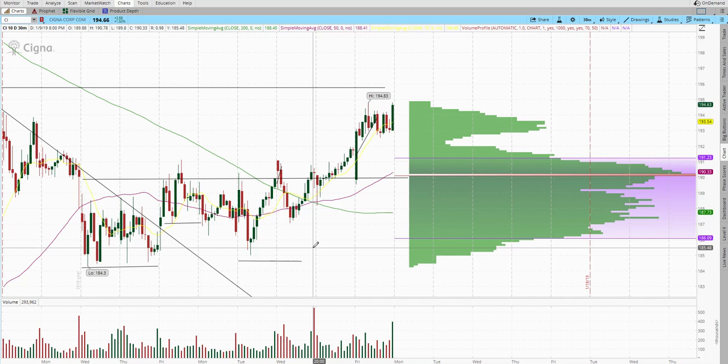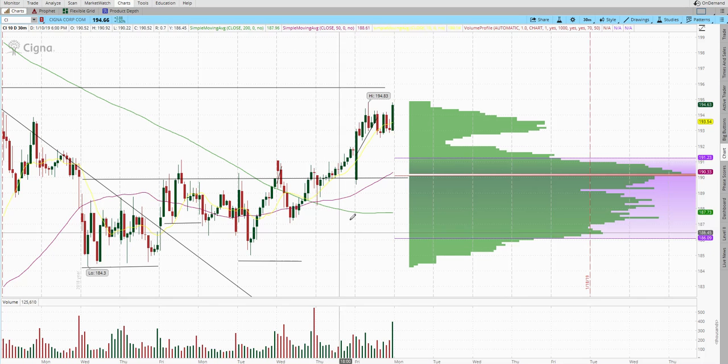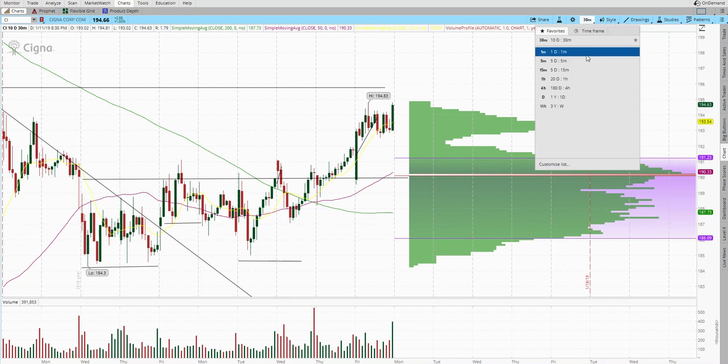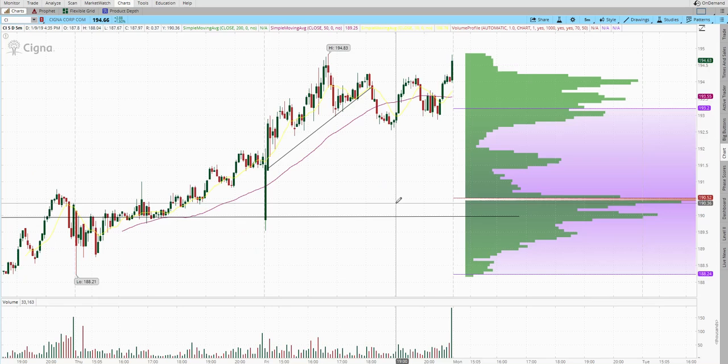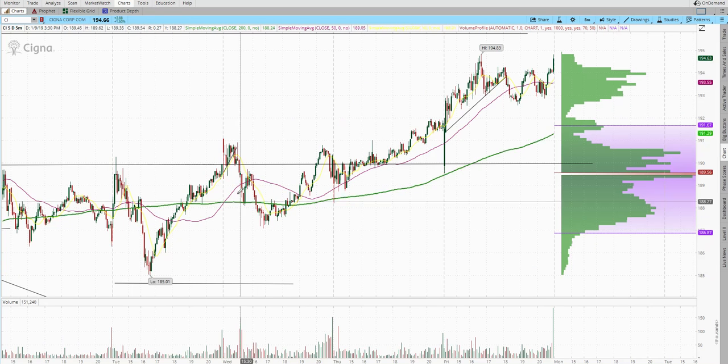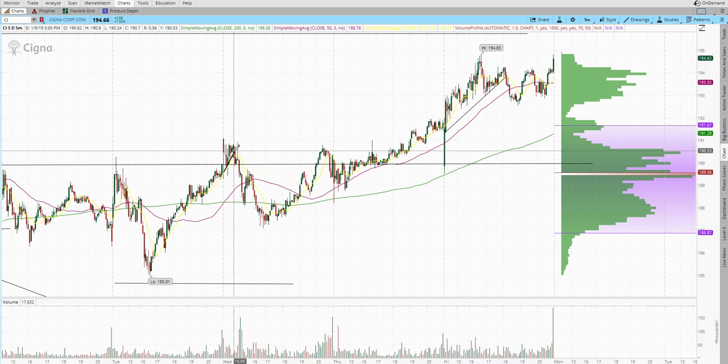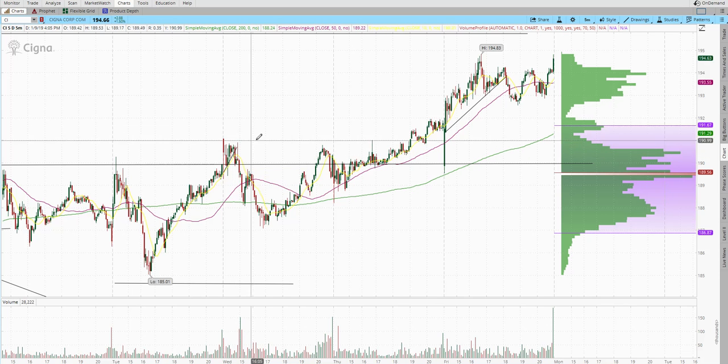And so what I did was, again, on Wednesday, Wednesday wasn't that great of a day in terms of my timing. But let's go to the 5-minute chart so you can see what I was seeing. And you can see I have a line drawn here because I was looking at this line possibly being a support area for the rest of the day if the stock indeed wanted to continue going up.